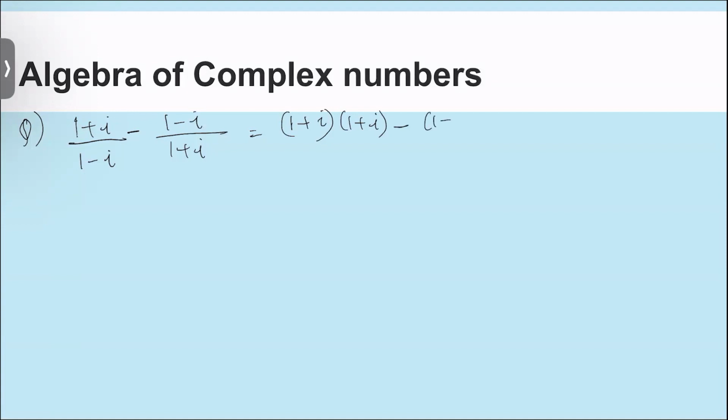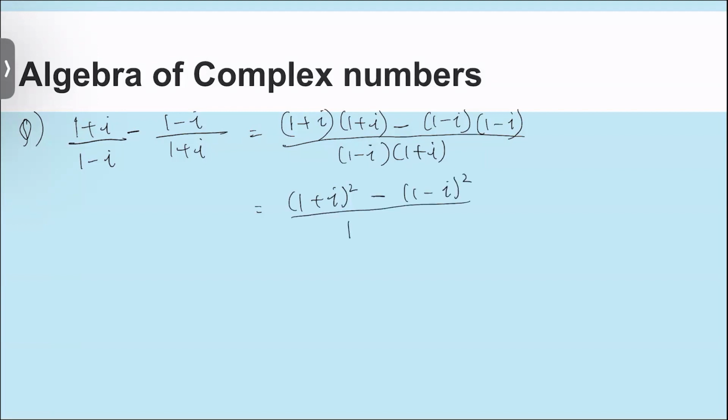So this becomes 1 plus I whole squared over 1 minus I, 1 plus I. Okay, so again, we are trying to get it in the power form over here. So the denominator is 1 minus I squared.